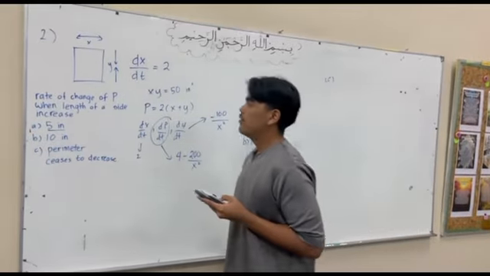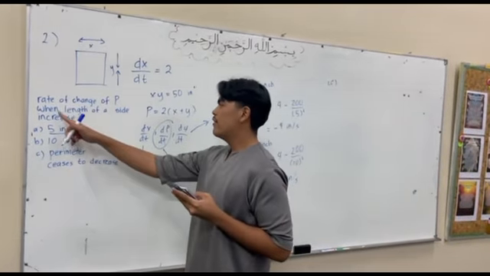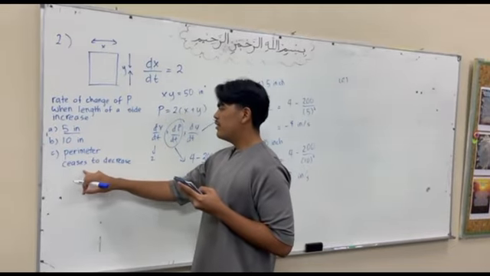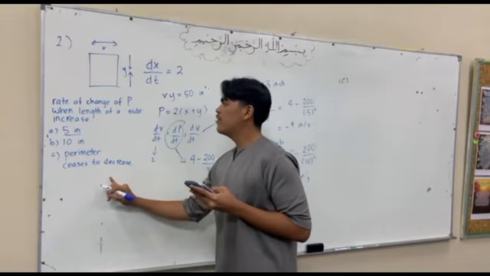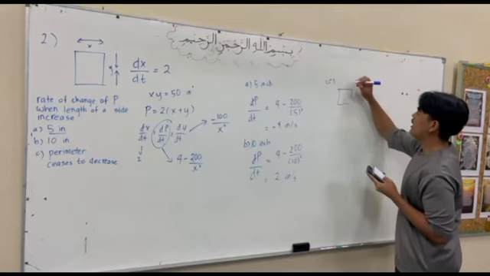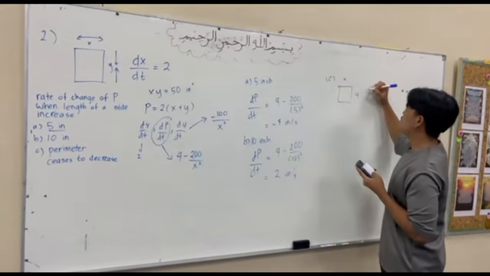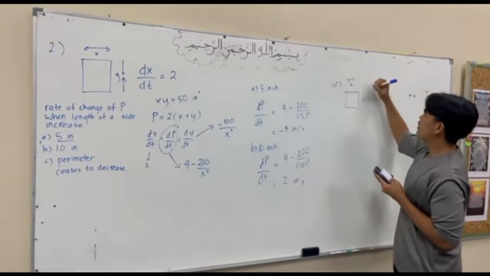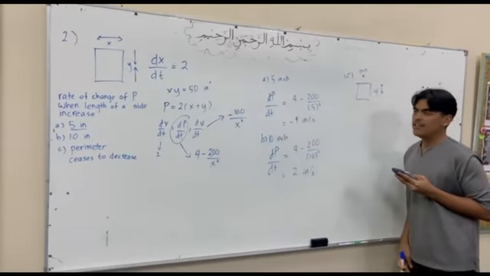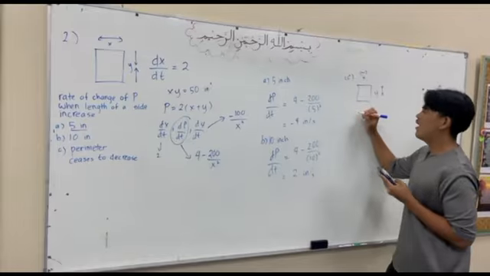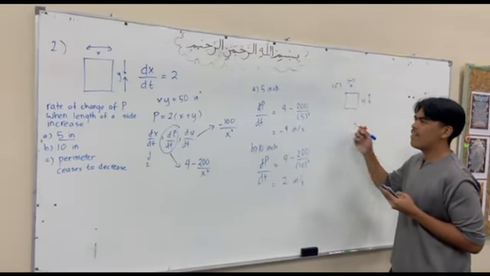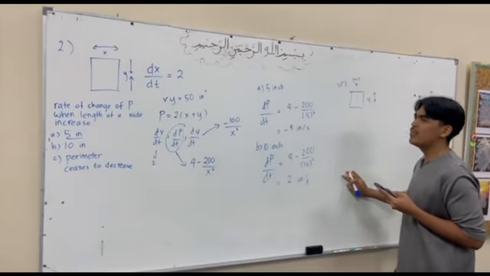Alright. For the last question, question C: rate of change of B when the length of the side increases. Perimeter ceases to decrease, which means the X and Y keep expanding and decreasing, but in the same length and same area.